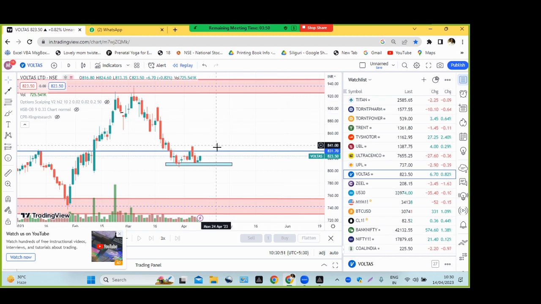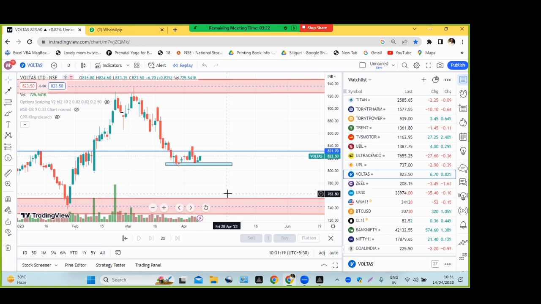So over here you see this. Sellers tried for 2 days, but they were not able to break this. They were not able to break this, and again buyers are taking charge. So before a good move, they are collecting from all the sellers.